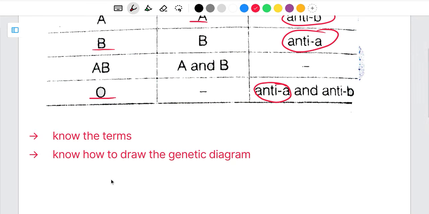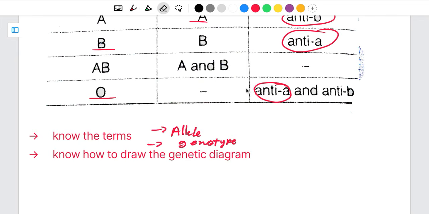Apart from that, you have to know the terms which are used under genetics. Know terms like the allele. You have to know the definition of an allele, the definition of the genotype, and the definition of phenotype. Let me just write it nicely.